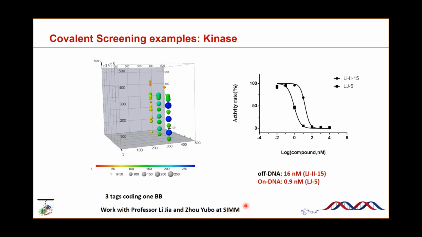We are also interested in the off-DNA compound for this protein target, and the DNA-conjugated compound also shows some binding affinity with the protein, and the off-DNA compound gives a little higher binding affinity compared with the DNA compound.